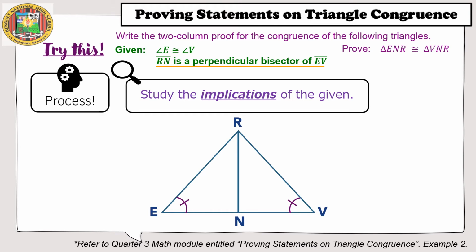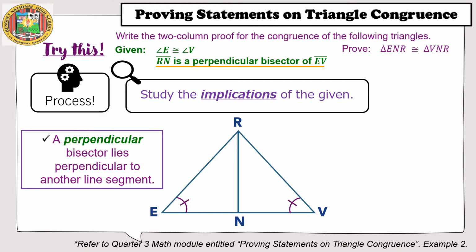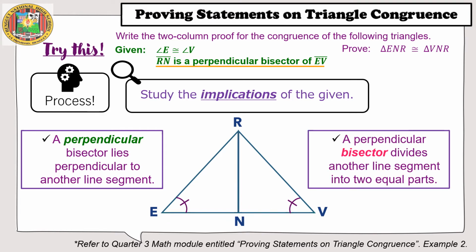As a perpendicular bisector, segment RN is perpendicular to EV, which means a 90-degree angle is formed at the intersection of the two segments. At the same time, as a perpendicular bisector, segment RN divides segment EV into two equal parts. Take note of these ideas as we start our proof.